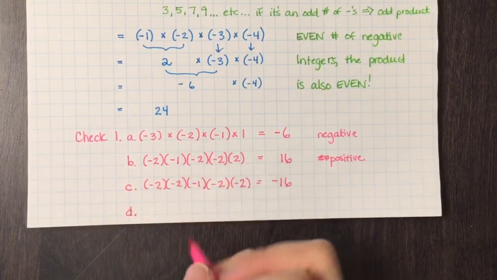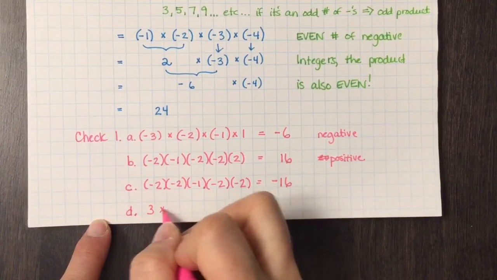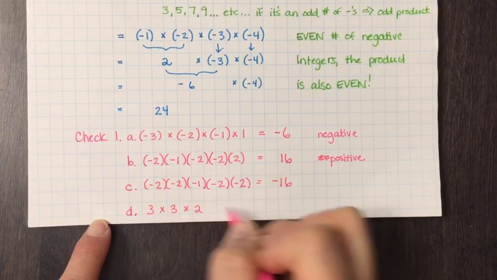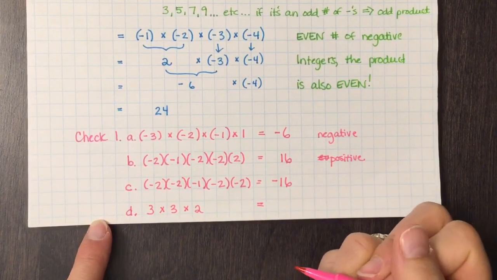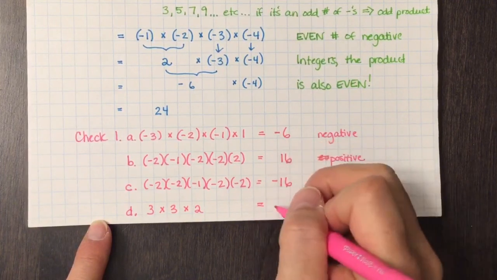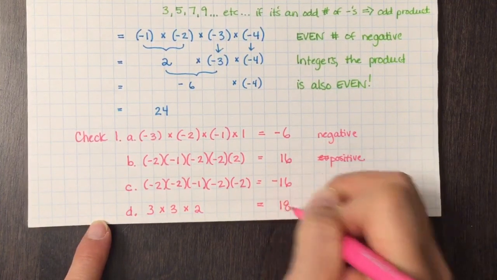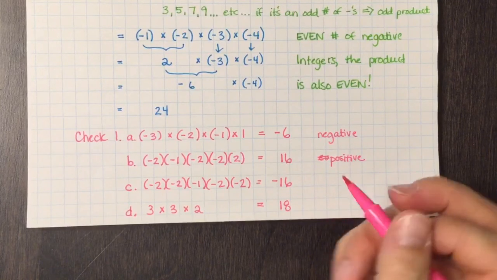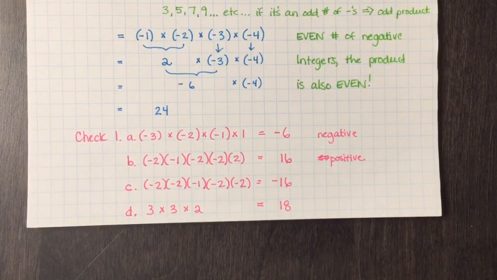For D, we have 3 times 3 times 2. No negatives, so our answer is going to be positive, and it's going to be 18. Right on. An even number of negative factors gives a positive answer. So I would like you to go and try.